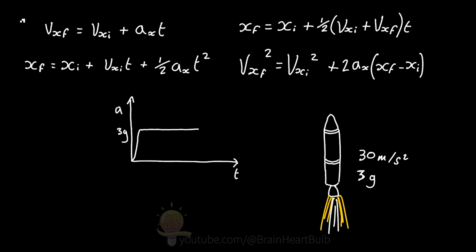These equations of motion above will only work during this constant acceleration, during this time here. But it won't work at the start when the acceleration is changing, and it won't work if, for example, something goes wrong with the rocket and the top capsule is ejected suddenly away from the rocket.